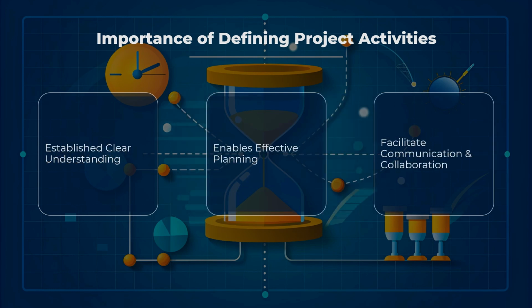In conclusion, defining project activities is vital for establishing a clear understanding of the work needed, enabling effective planning, and facilitating communication and collaboration. By breaking down the project into specific tasks, we can assign responsibilities, allocate resources efficiently, and enhance coordination within the team. This foundational step is crucial for the success of any project.